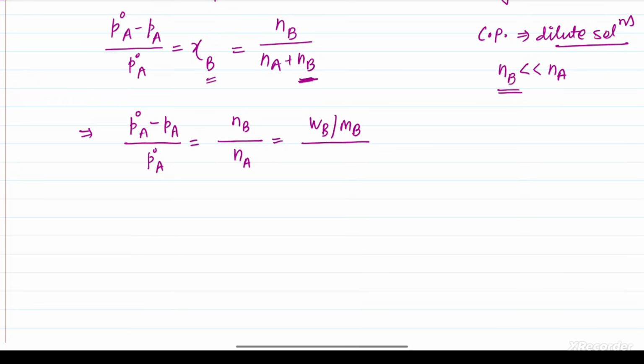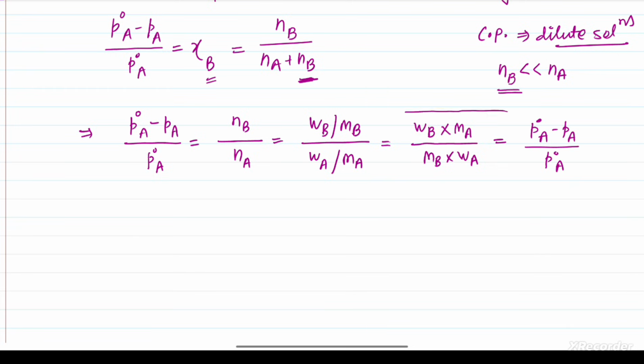Na can be written as weight of solvent divided by molar mass of solvent. So it can be written as Wb into Ma divided by Mb into Wa, which is equal to P naught A minus PA divided by P naught A.